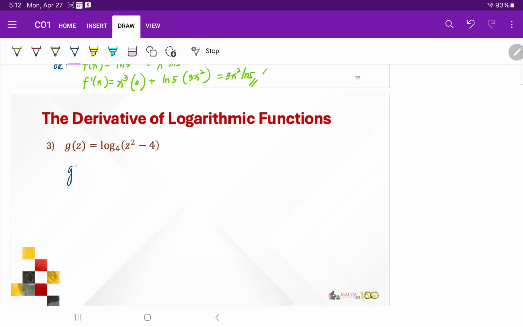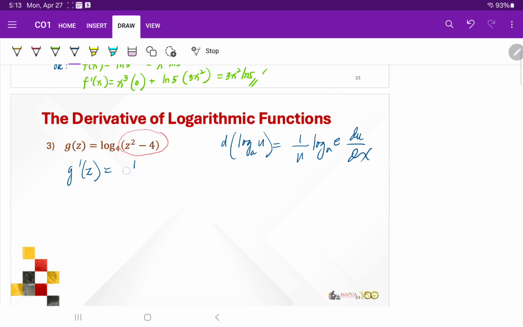So what formula will you use here? You have the derivative of the log of u to the base a, which is 1 over u log of e to the base a du dx. So here, this is u. So what's the derivative?